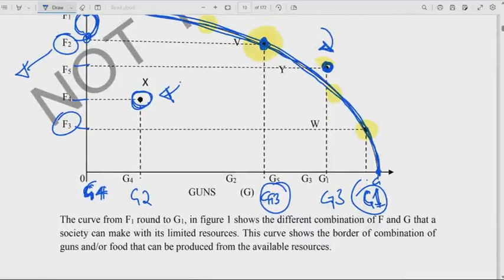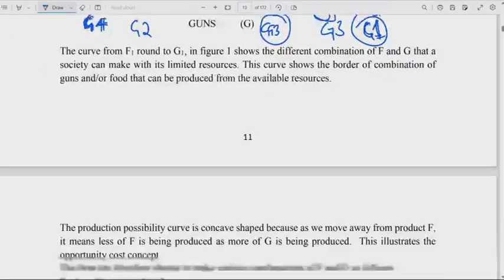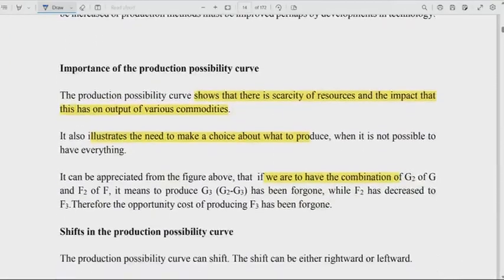They were not labeled correctly, but you can see that if we are producing at this level, we should have produced at this level, more, but we have chosen to produce this. It's like we have forgone some items there. That's the opportunity cost. So the importance are just set out there. The first is that it shows that there are scarce resources and the impact on outcome.